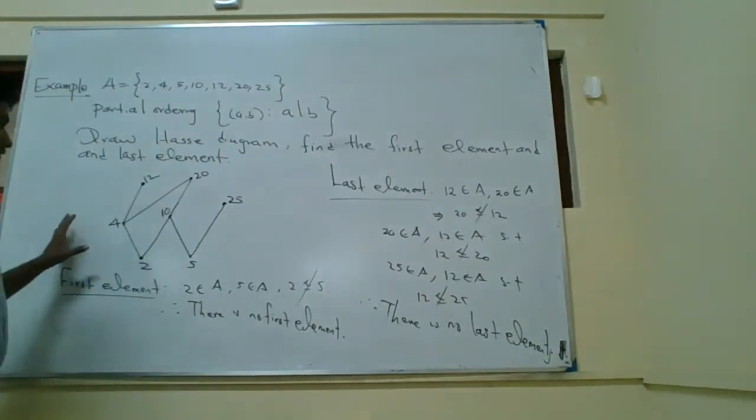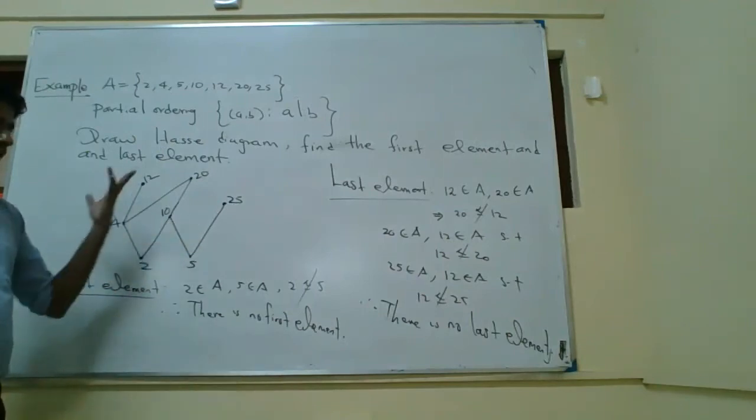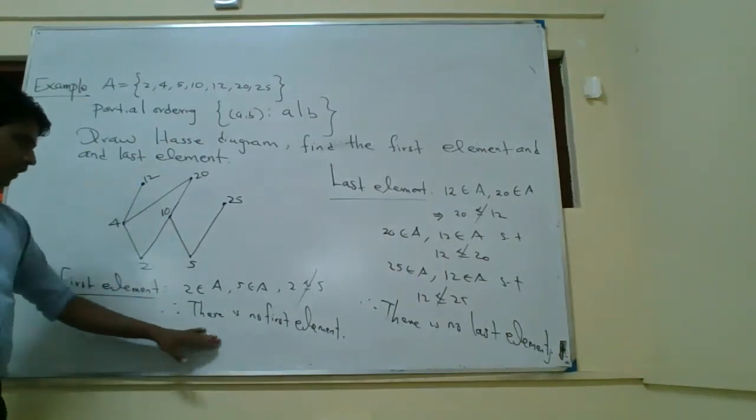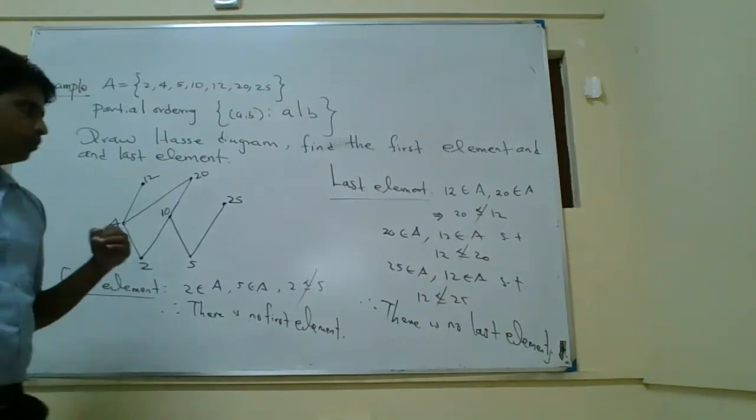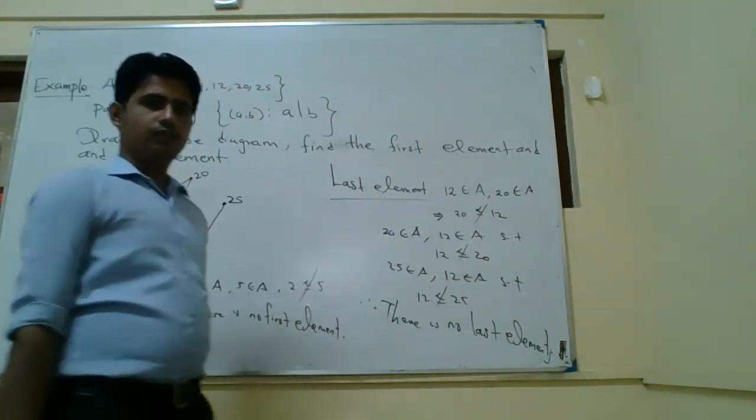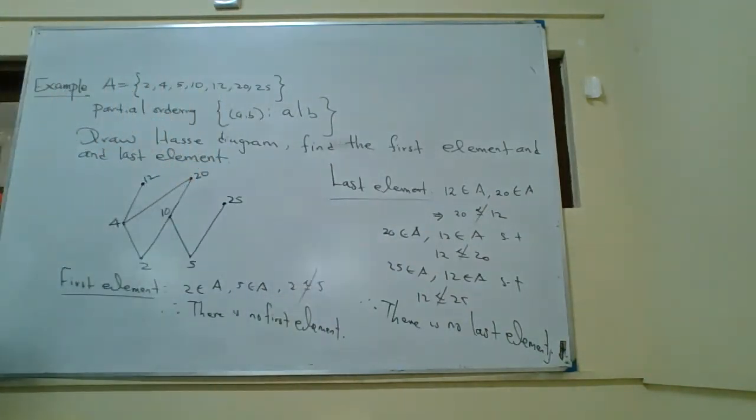In this example, there is no first element and there is no last element. In the previous example, we didn't find the first element, but we found the last element. This is an example based on the case diagram to find the first element and last element. Like one more example.